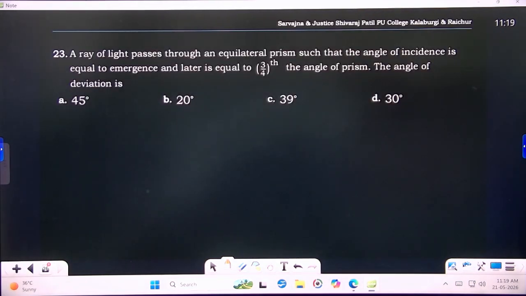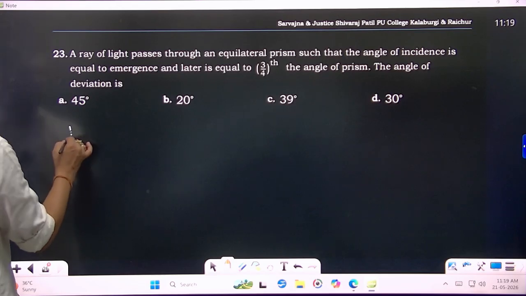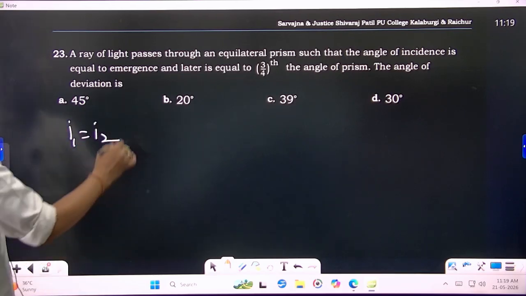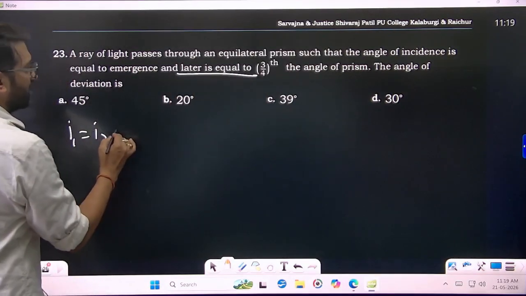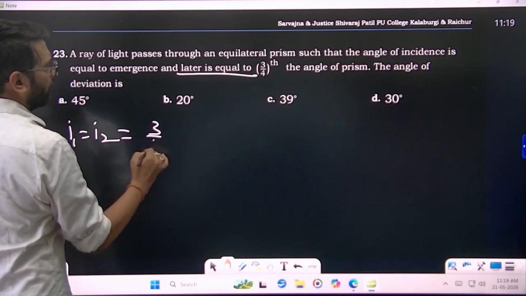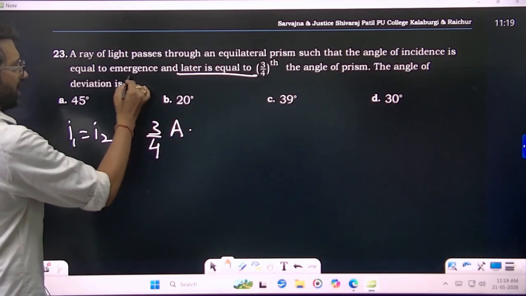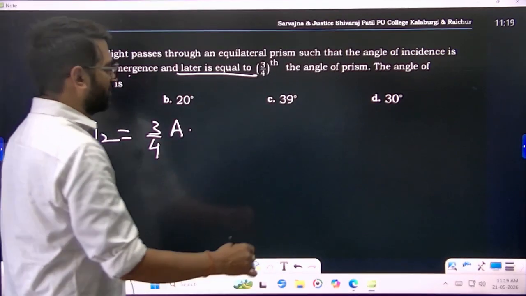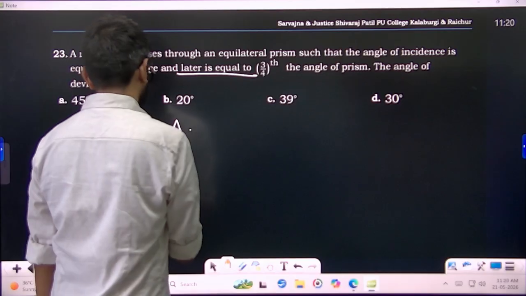Next, a ray of light passes through an equilateral prism such that the angle of incidence is equal to the angle of emergence. I1 is equal to I2, and this latter one is equal to 3 by 4th of the angle of prism. Then the angle of deviation is how much?